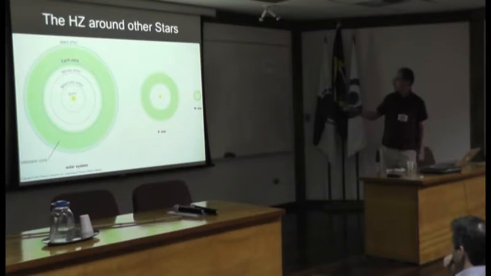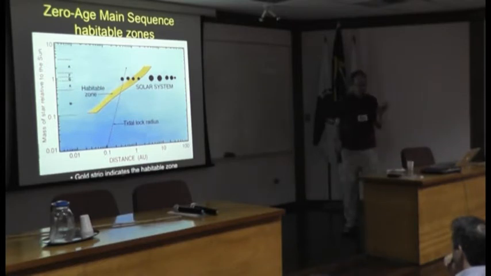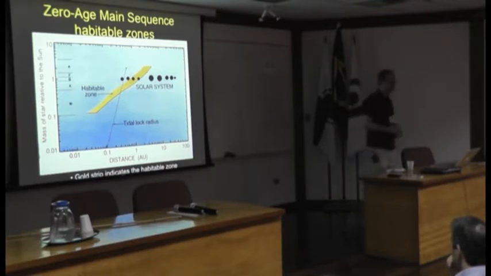And when you get to the M stars, then it's so close that you have another issue, which is that one side of the planet will face the star, because the gravity locks it into that arrangement, just like the moon always faces one side to the Earth.